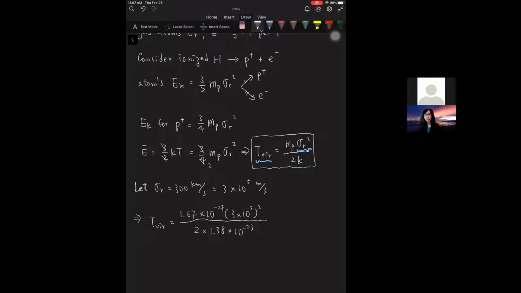If you calculate this, you get the virial temperature of this cluster as about 5 × 10⁶ Kelvin.